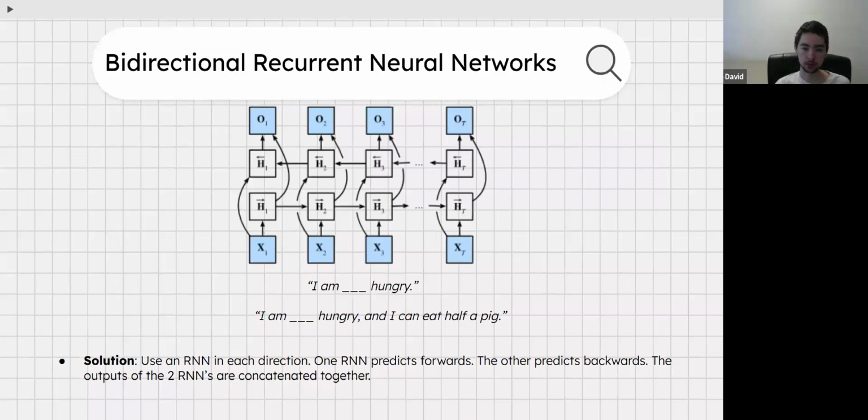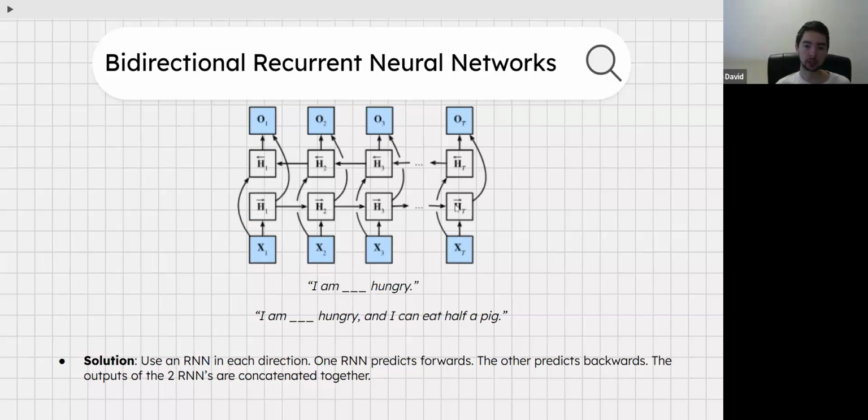Okay. So we can predict what the next word is, and we can also predict what the previous word is, and we can take both those predictions and put them in an output, usually by concatenating the two predictions, or concatenating the two embeddings.